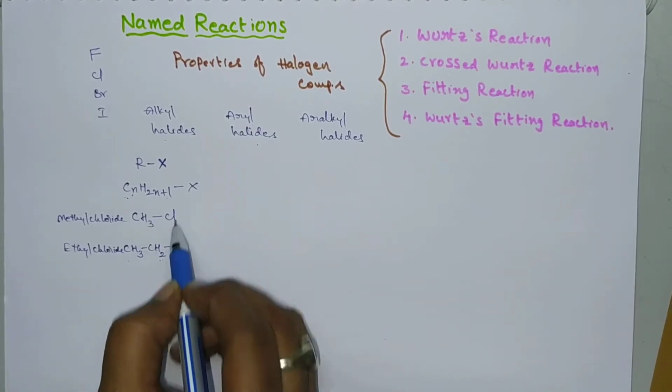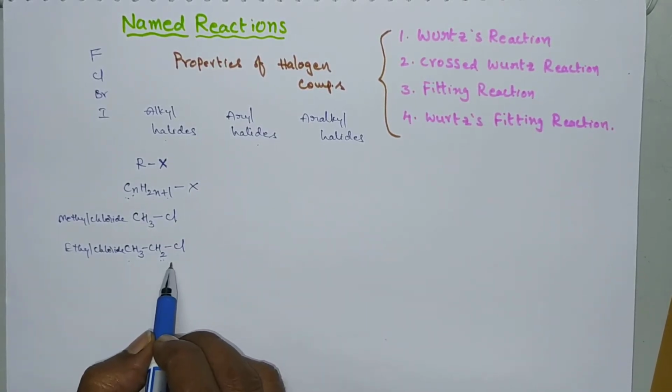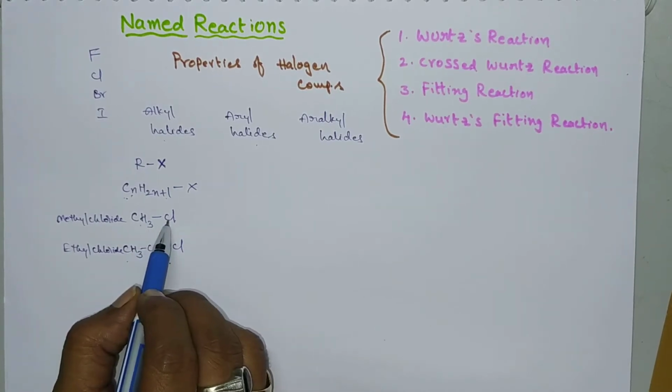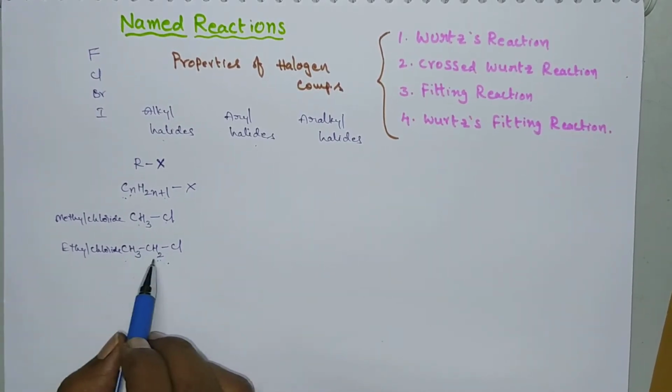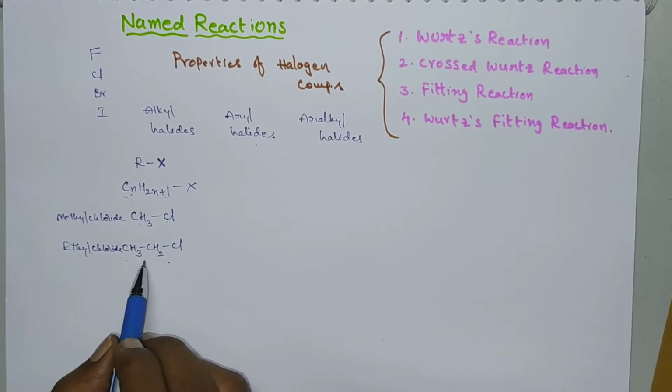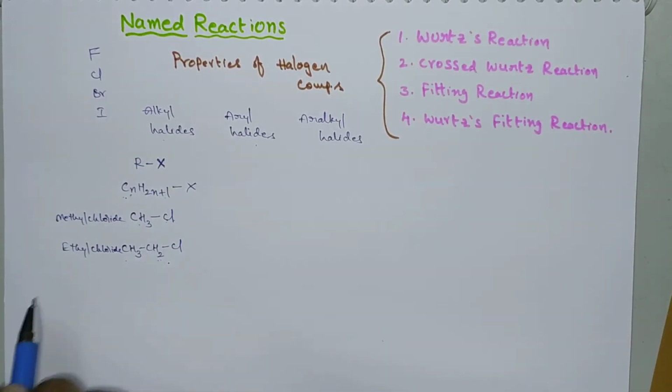Chloromethane and chloroethane are the IUPAC names of these compounds. So these are the alkyl halides.